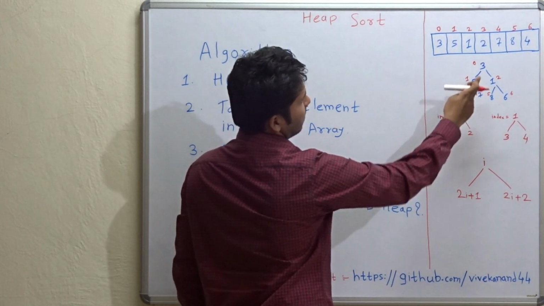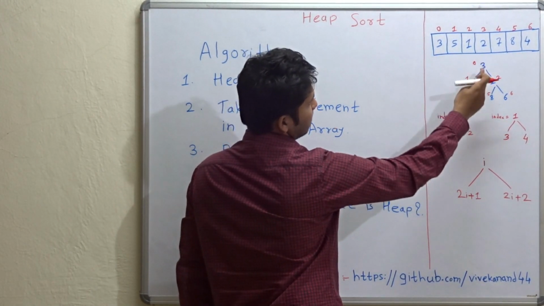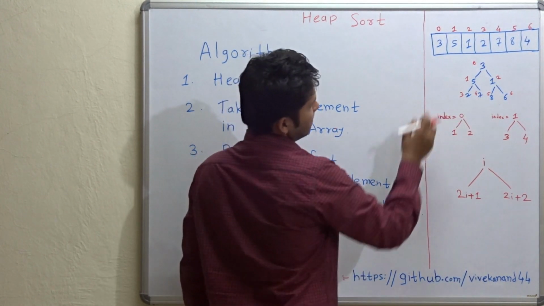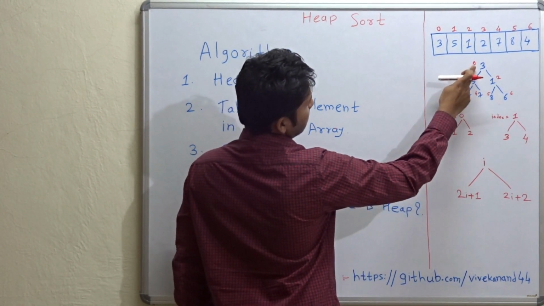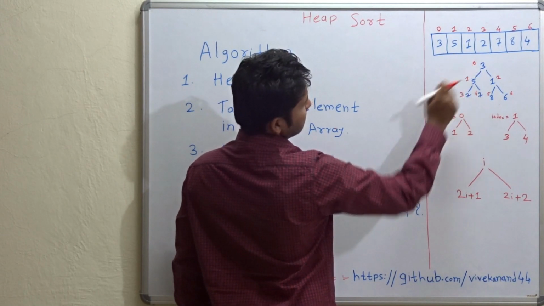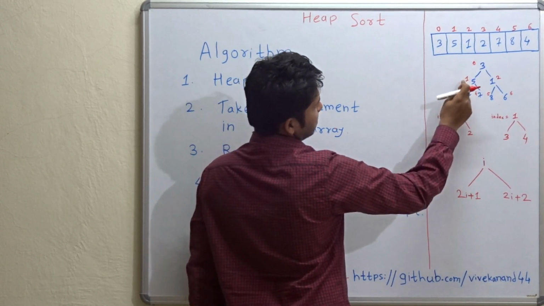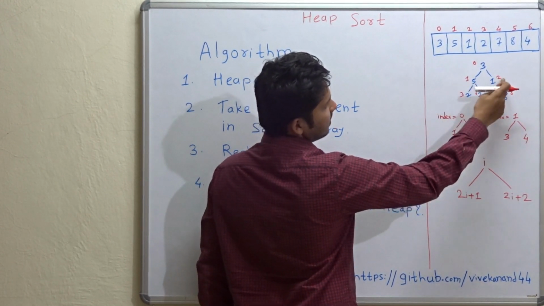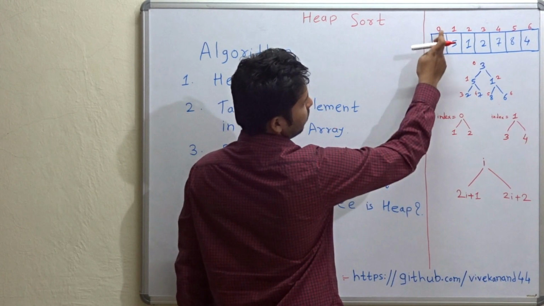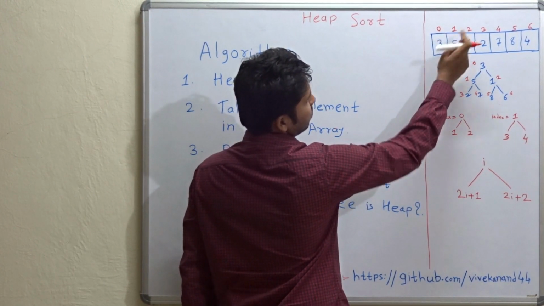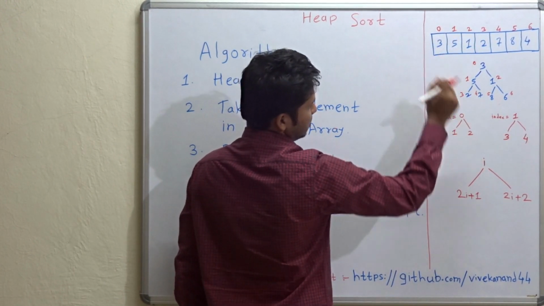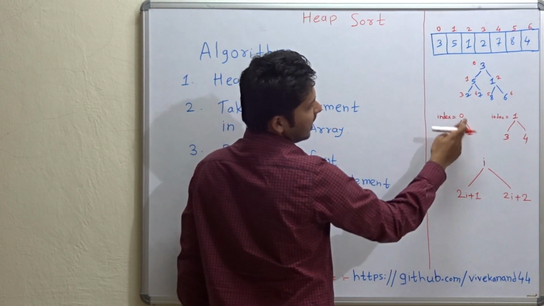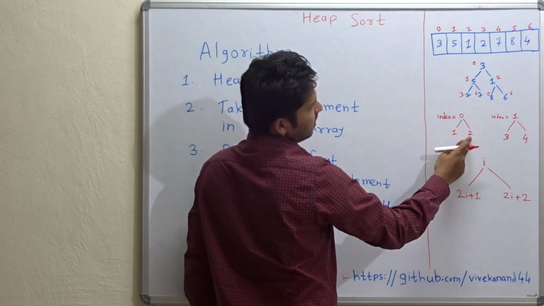This array is converted to this binary tree, for example. So here you can see the position 0, the index zero's children elements are present at location 1 and 2. So index 0, its left child is at position 1 and right child is at position 2.